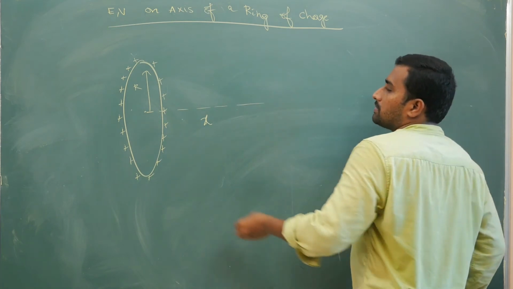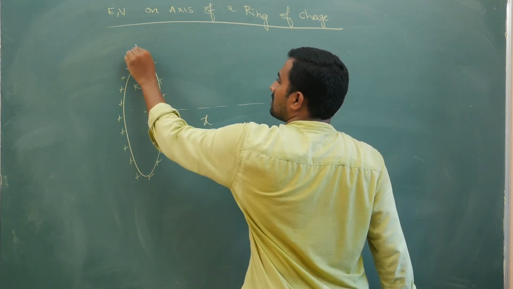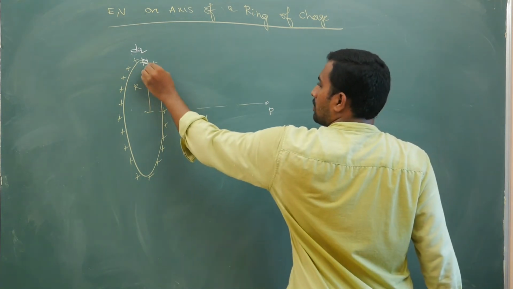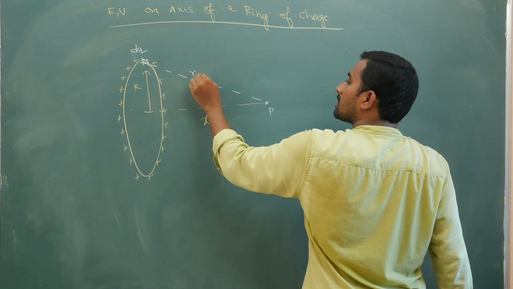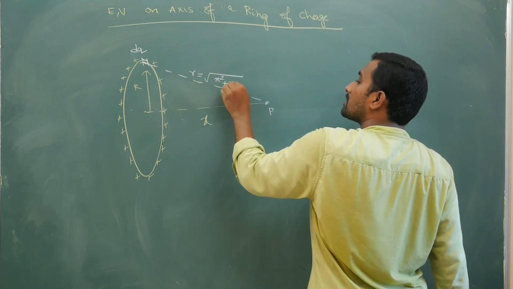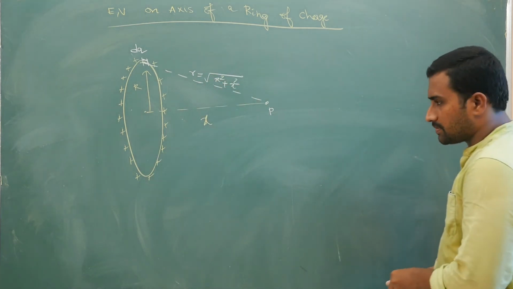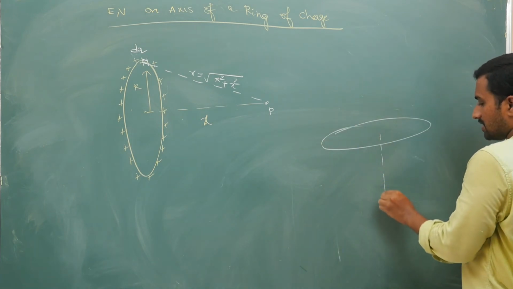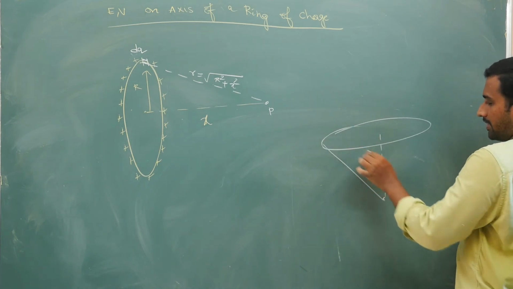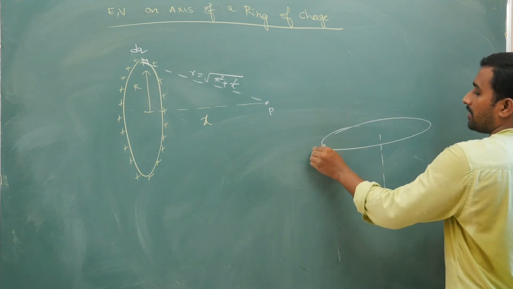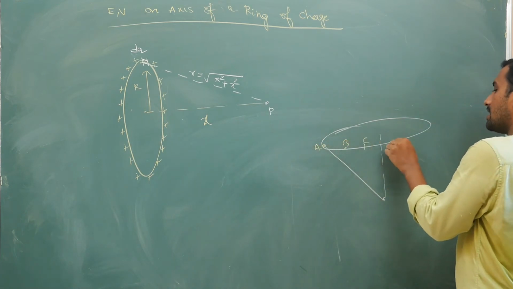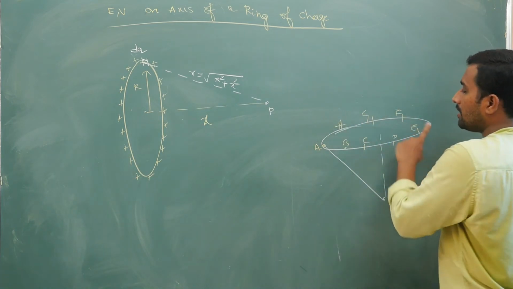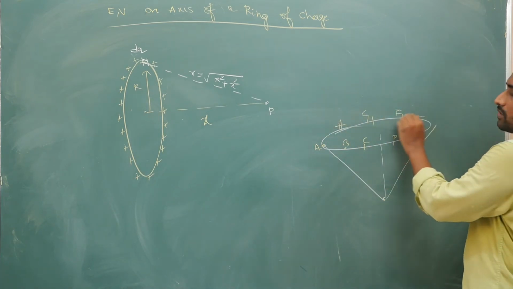Now observe carefully, if you take a small strip dq here, now at this point P, for all the strips your small r is equal to under root R square plus x square. When you are taking this ring like this, if I mark different points A, B, C, D, E, F, G, H, all these points are on the surface of a cone, on the border.